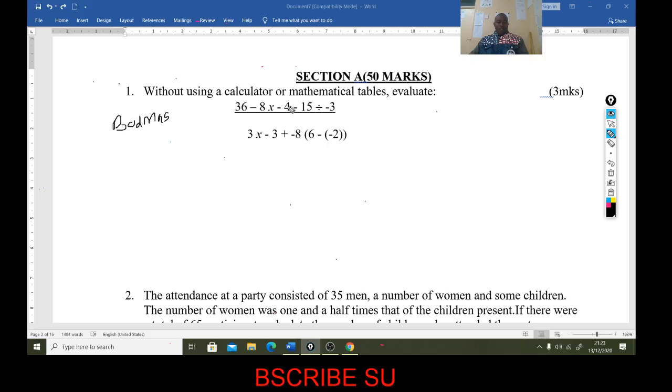Then the multiplication, negative 8 times negative 4, gives you positive 32. So we shall have 36 plus 32 plus 5.